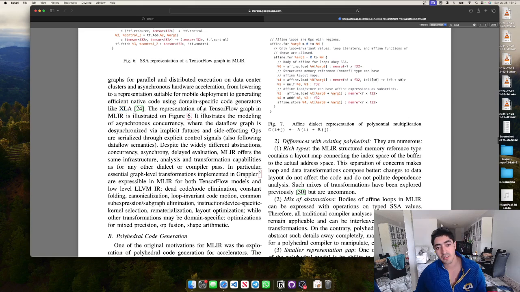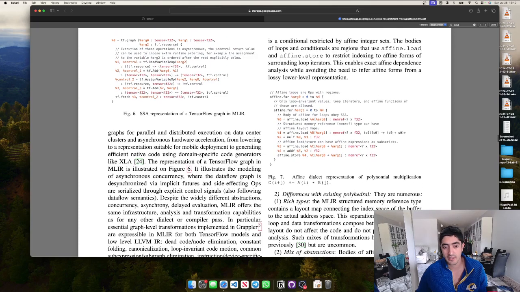The representation of a TensorFlow graph in MLIR is illustrated in figure 6. So the TensorFlow graph argument, you have a tensor of 32-bit float argument, and then TensorFlow.resource.